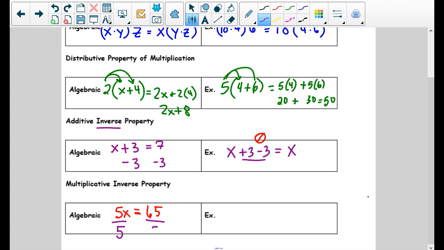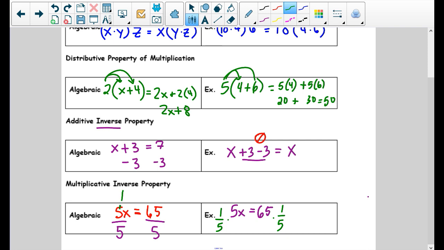So dividing by 5 is the same as doing what? Multiplying by that reciprocal. So dividing by 5, and in this case, this multiplicative inverse equals what? 5 divided by 5 is what? 1.